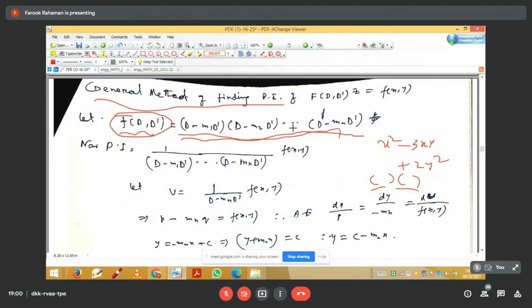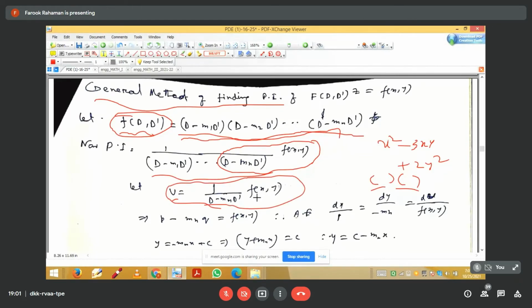Now the particular integral should be written by taking the factors like this, and we take the last factor, that is D minus m_n D', as u.